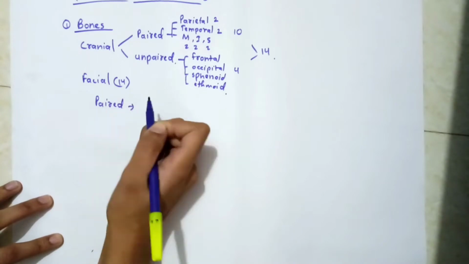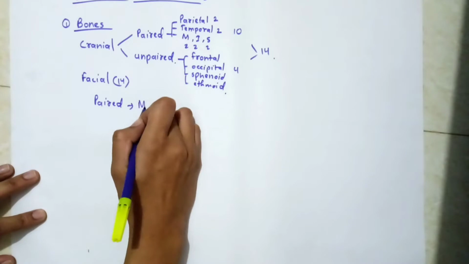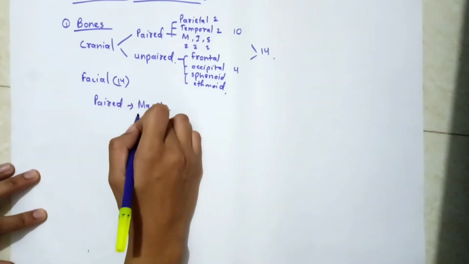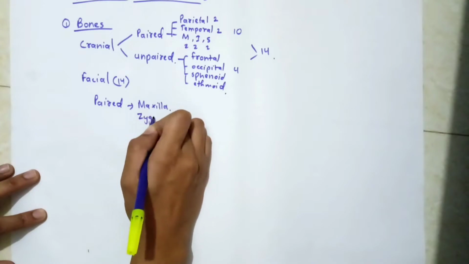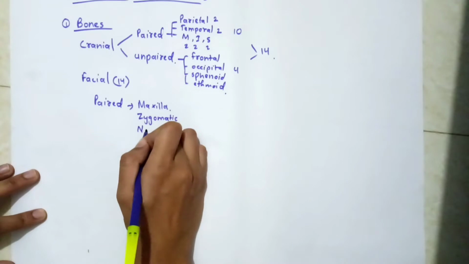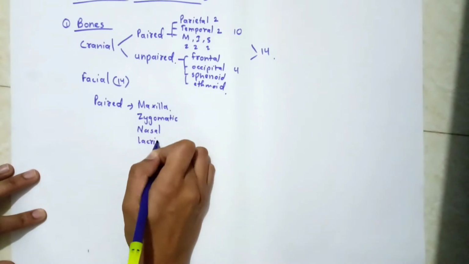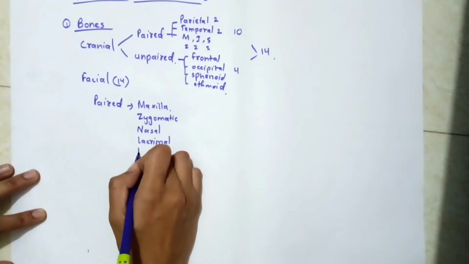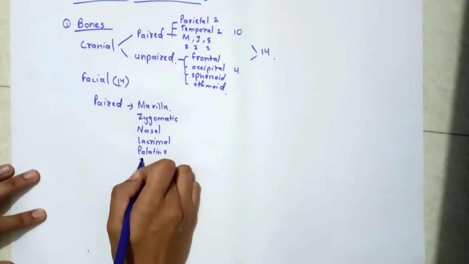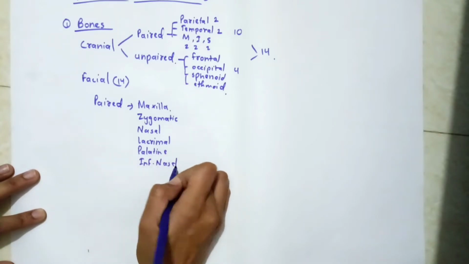The paired bones are maxilla, zygomatic, nasal, lacrimal, palatine and inferior nasal concha.